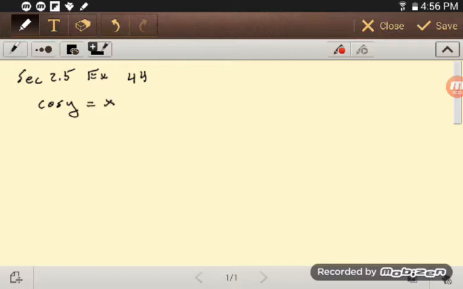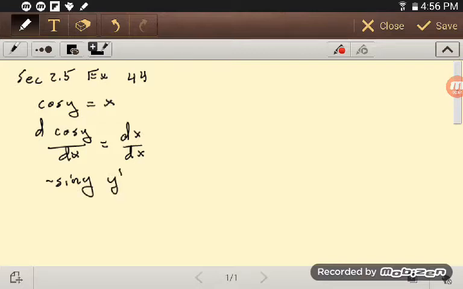Okay, so we'll do our implicit differentiation. So take the derivative of both sides. Derivative of the cosine is minus sine, but then multiply by that derivative of y, and that equals 1. So we have y prime is equal to negative 1 over sine y.